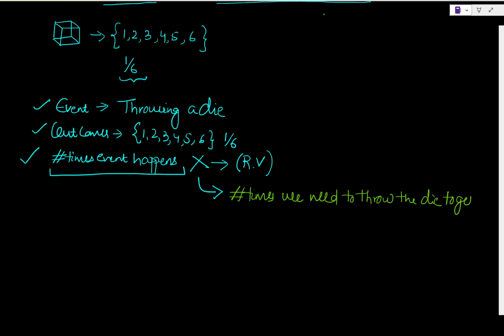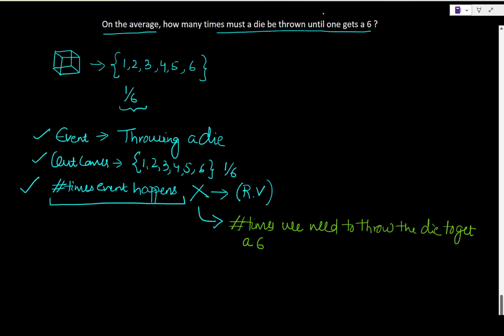Okay, to get a 6. That's it. So I have defined my random variable to be the number of times I throw the die so that I can get a 6. Now, what else do I need to do?